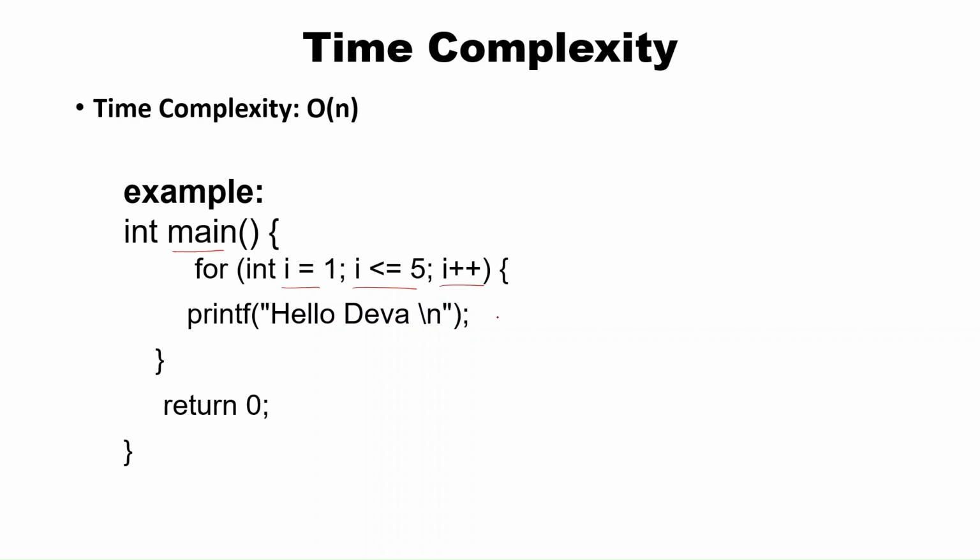So how many times does this for loop print hello deba? 5 times. So it is order of n time complexity.